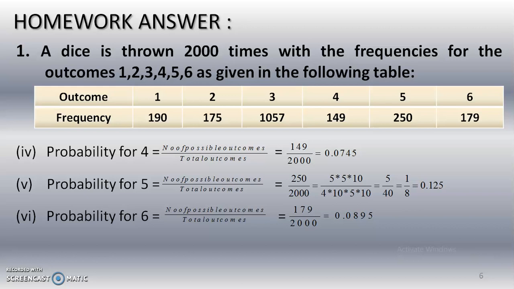So 5 and 10 cut. So 5 divided by 40. So 1 upon 8 because 5 8s are 40, equals 0.125. Right? Now last, probability for 6 equals 179 divided by 2000, equals 0.0895.